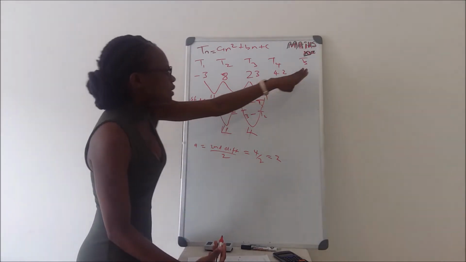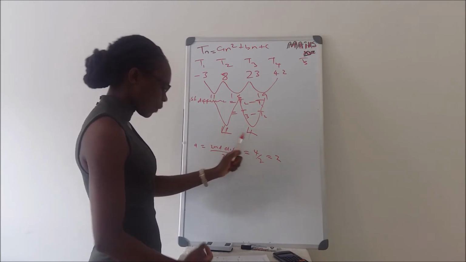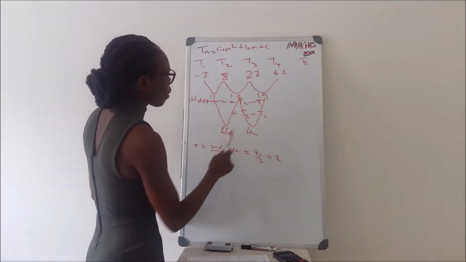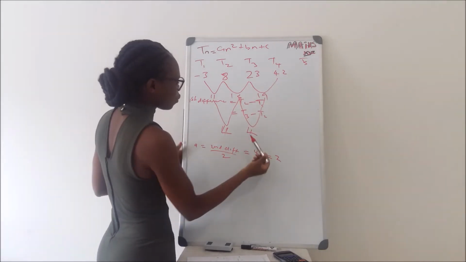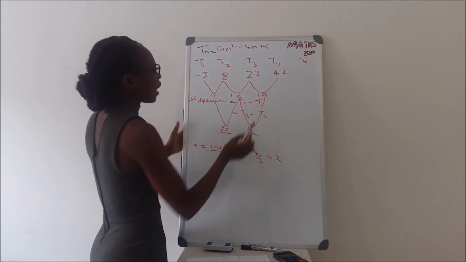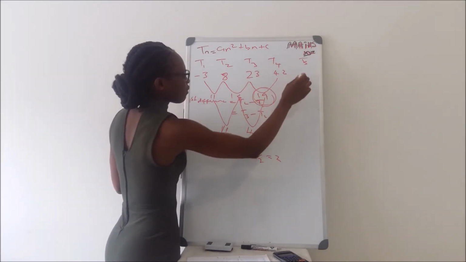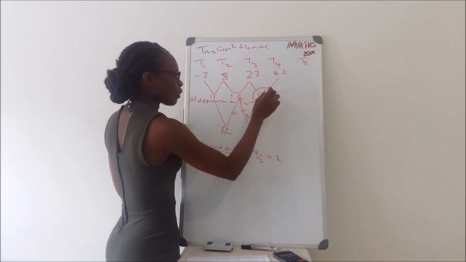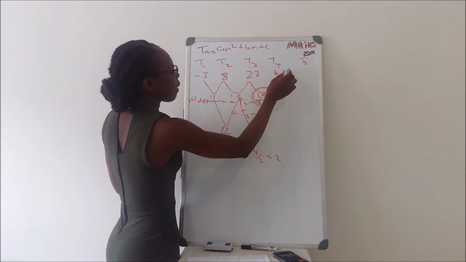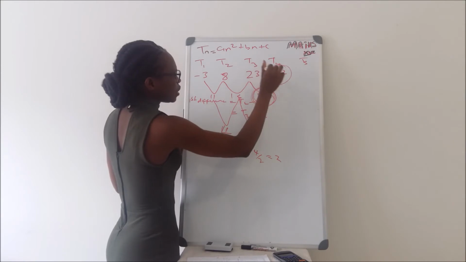Okay, now let's see if we can find T5. Remember the formula that I showed you from our previous session. Our T5 is equal to the second difference, which is 4, plus our previous first difference, which is 19, plus our previous term, which is 42.